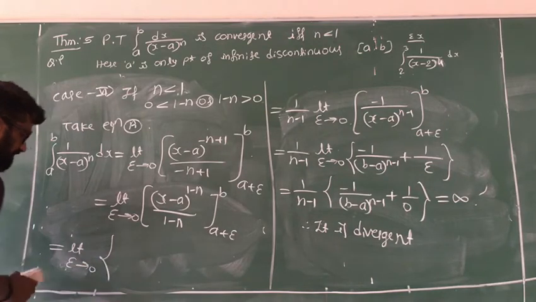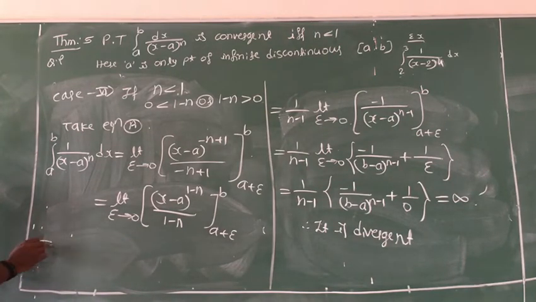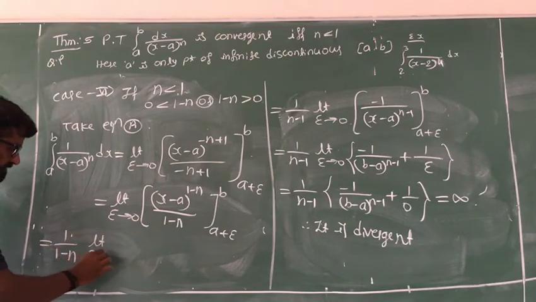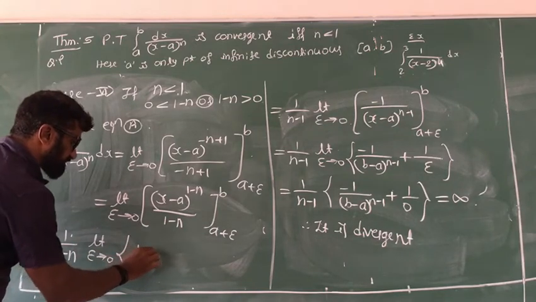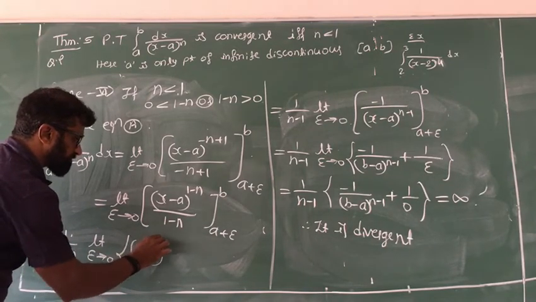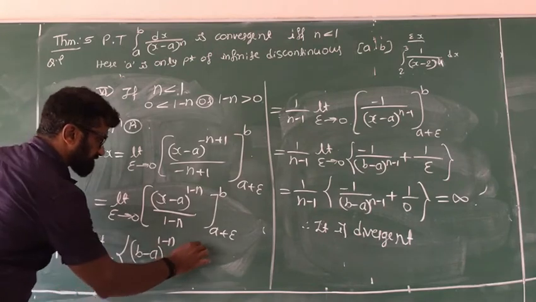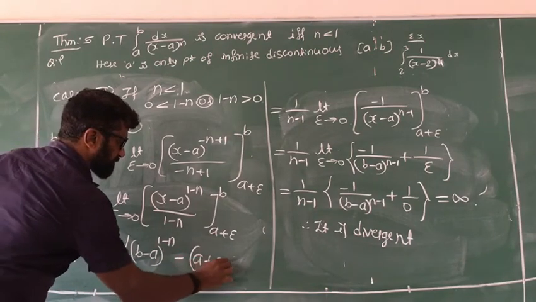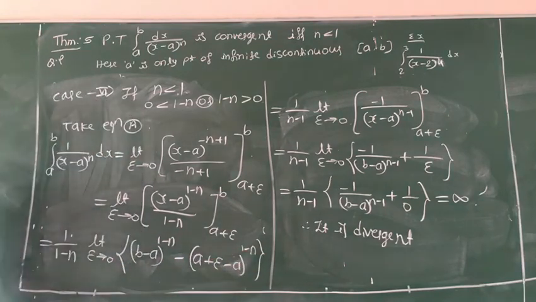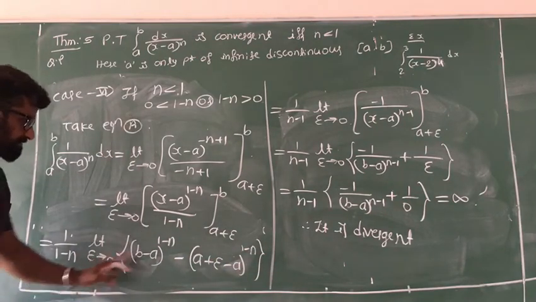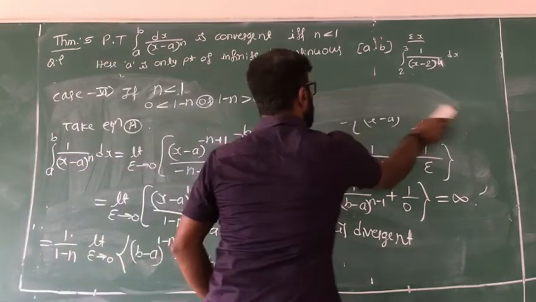So that equals 1 divided by 1 minus n, taking common, limit of epsilon tends to 0, right? So b minus a raised to 1 minus n, minus a plus epsilon minus a raised to 1 minus n. Plus a minus a get cancelled, only epsilon is left. Epsilon tends to 0. What do you get?